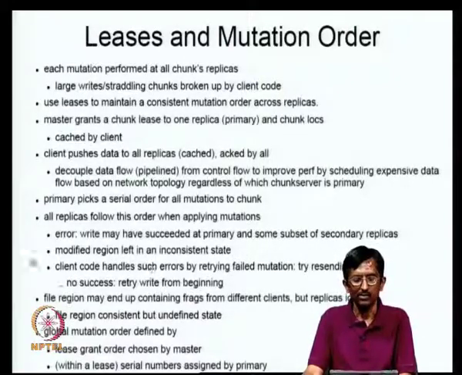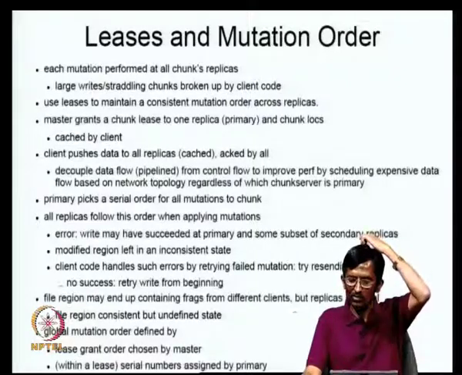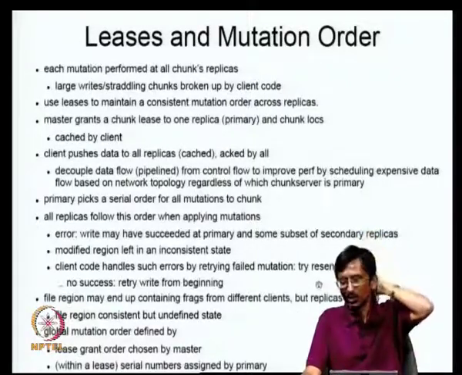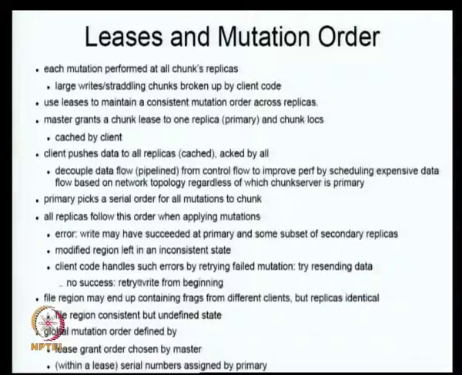So, client code handles such errors by retrying the failed mutation. The client was the party who initiated the write, so it tries to write again. So, what is the model here? The minute there is an error, because only some parties succeeded, you can retry the whole thing again. It might be because some data could not make it, so you try resending the data, or it could be because of some other errors.